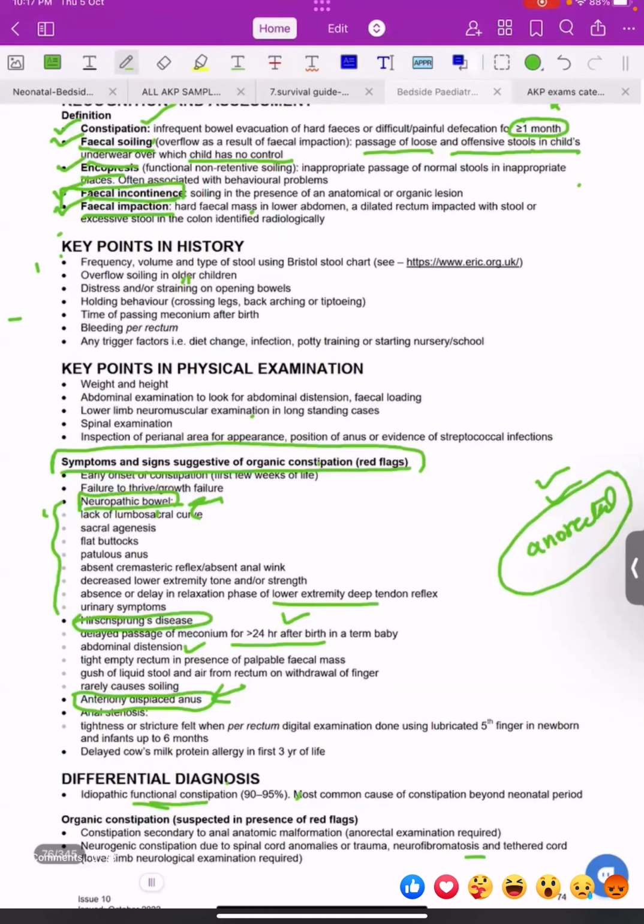But you should see what is the position of the anus. Is it at its normal place? Is it anteriorly placed? And what is the tone of this anus? Is the sphincter normal? Basically, when it has some problem, it is also due to sympathetic and parasympathetic innervation problems. That may be any neurocristopathy which is causing a problem here.